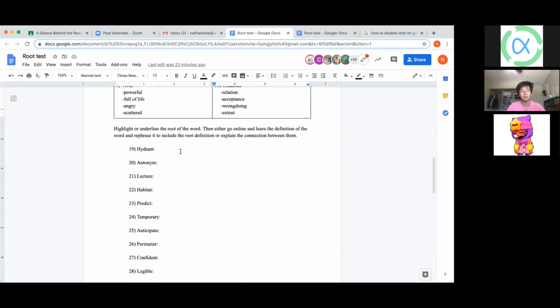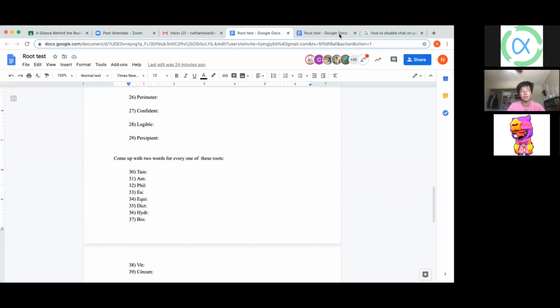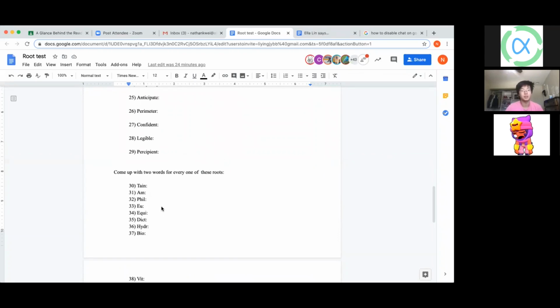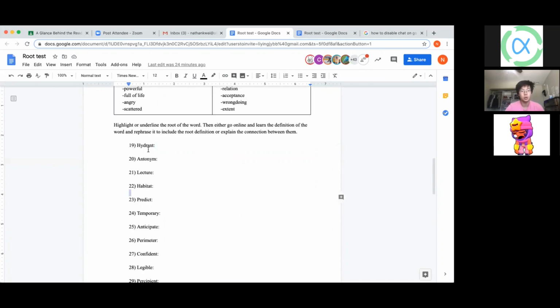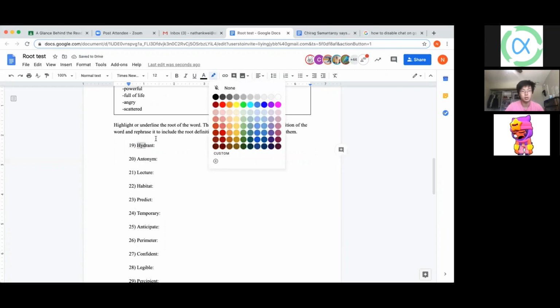For these next two parts, it's a lot of opinion based, and sometimes people might get different answers. But here I'll just go over the roots. For 19, it would be hydra. Let me highlight it in orange.